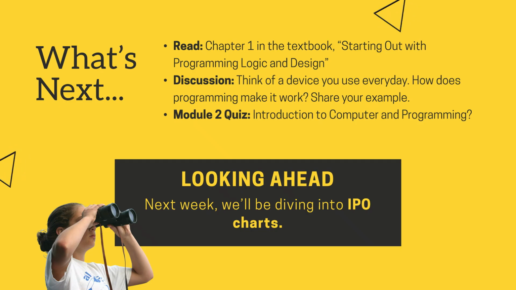These IPO charts are one of the first tools that you'll use to start thinking like a programmer. And you'll even use them to map out your final project ideas for our fictional organization, the Pawnee Community Center. So, get ready to really flex those logic muscles.